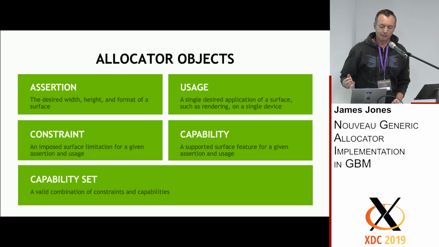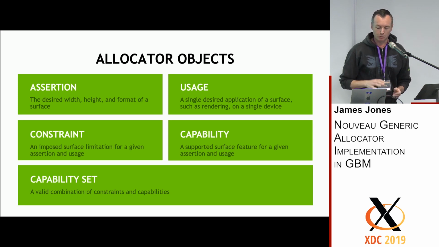And the idea is that the constraints would be baked into the allocator library itself. So not the actual values of the constraints, but the types of constraints. So you might have one constraint type that is pitch alignment, like I was talking about. You might have the initial allocation base address alignment as another kind of constraint. You might have a maximum pitch that your hardware could support, those types of things.